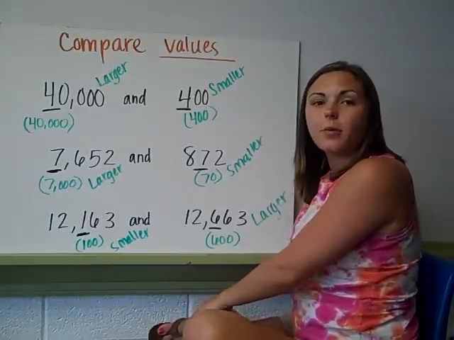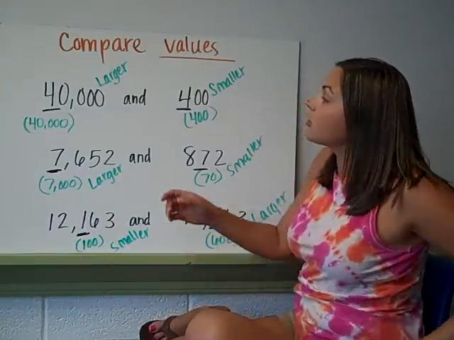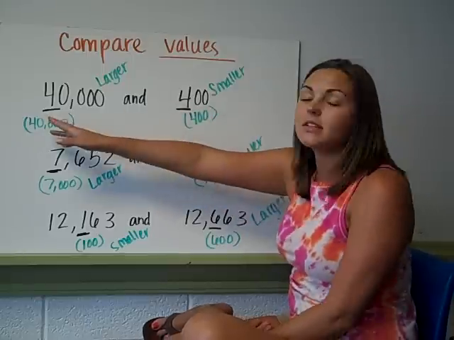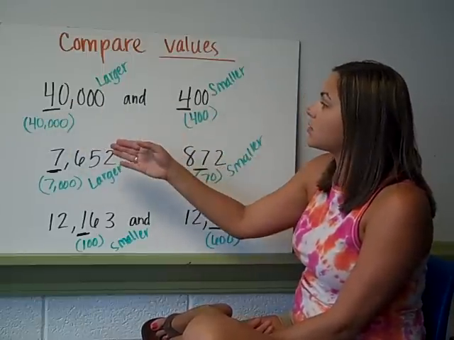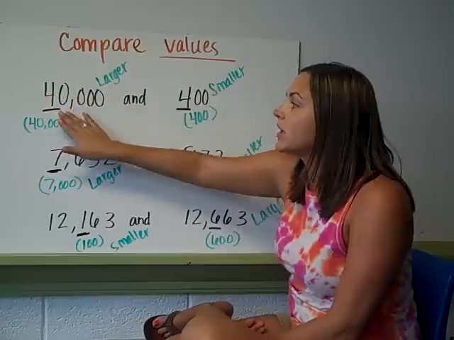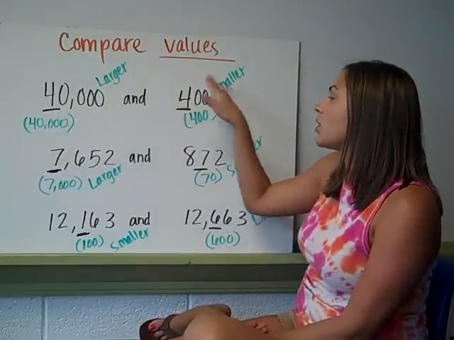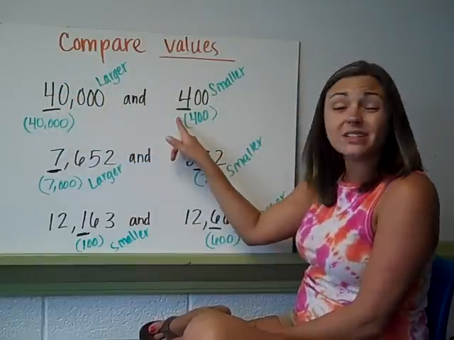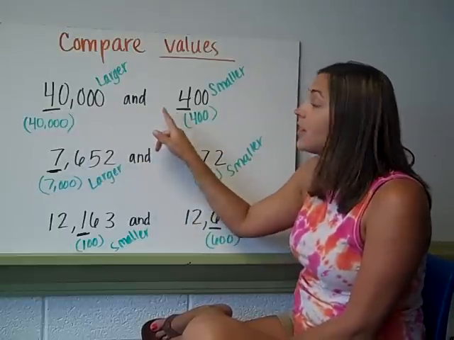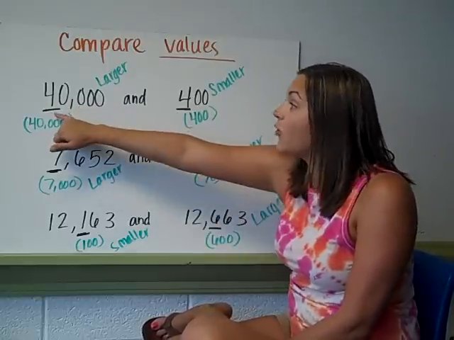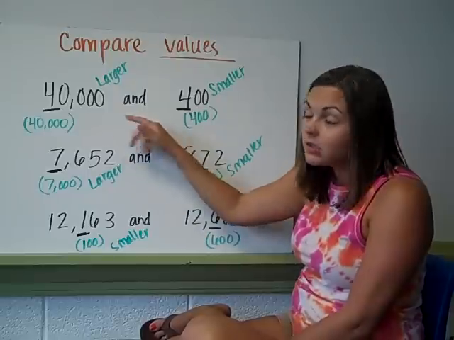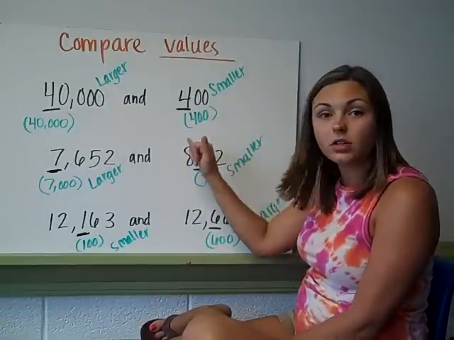When you're asked to compare values, they're going to ask you to look at an underlined digit in each of the numbers. So here we have 40,000 and 400. Even though these are both 4s that are underlined, they're very different. This 4 represents 40,000 and this 4 represents 400.